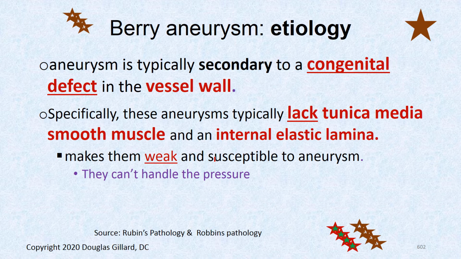And the internal elastic lamina is gone. So that's the internal and external elastic laminae that give some good strength to the vessel wall. So it's missing the internal, and then it's completely missing the tunica media. So it's pretty easy for it to start bulging out because that section of the blood vessel is quite weak. It just can't handle the pressure.